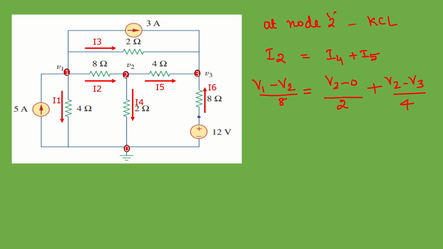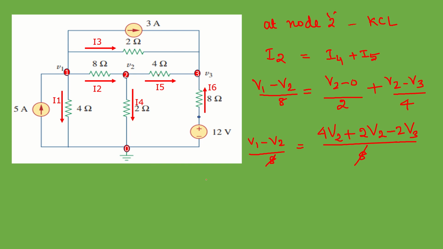So here it is V1 minus V2 by 8, that is equal to, on this side if you take 8 as common denominator, 4V2 plus 2 times V2 minus 2 times V3. This 8 and 8 get cancelled.